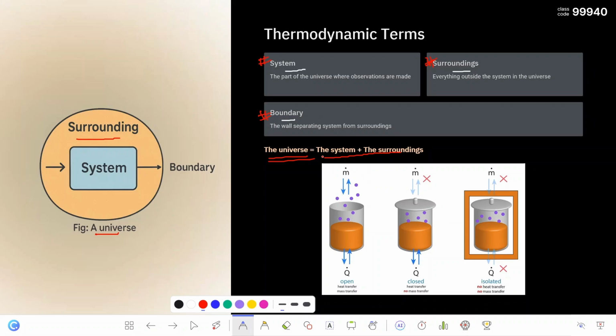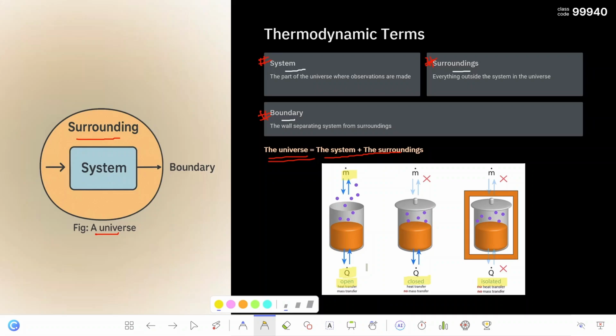Okay. So as I told, we can classify the system into different types. One is open system, another is closed system, then one is isolated system. Open system means heat transfer and mass transfer are both occurring. So we can see here mass is also getting transferred and heat is also getting transferred.